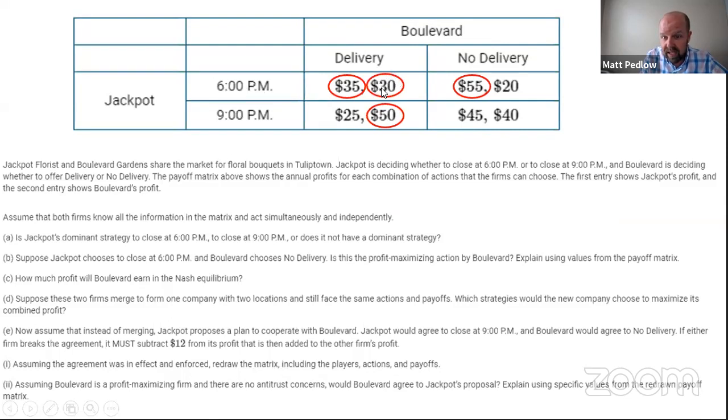Originally, they were going to make $30, Boulevard was. You answered that earlier in the question because the dominant strategy was close at 6 and Boulevard would deliver. If you could get them to agree to not deliver and Jackpot stay open until 9, now they get $40. This is our new payoff, right? Our new Nash Equilibrium. They just agreed to it. And 40 is better than $30 for Boulevard. So yes, they would agree to it.